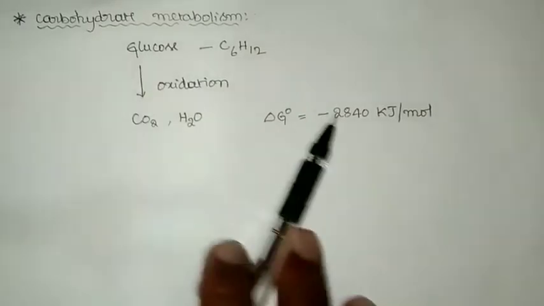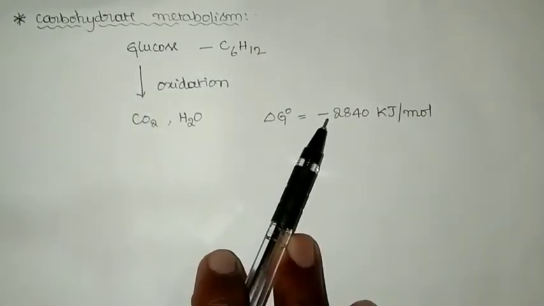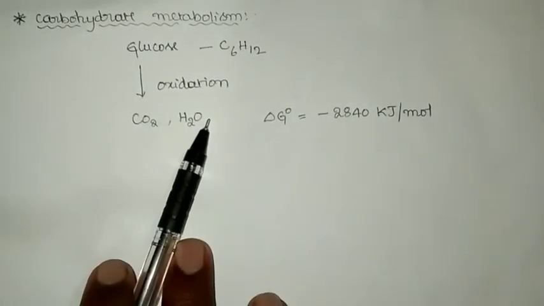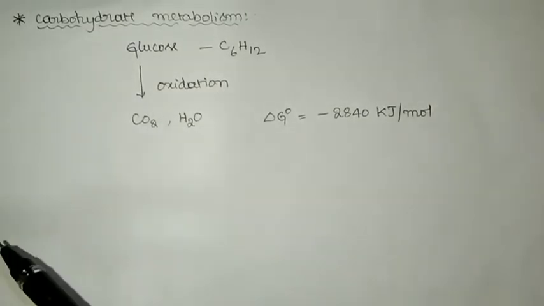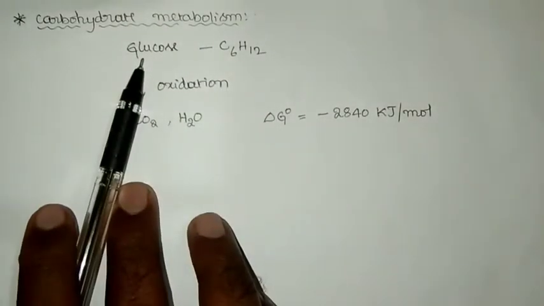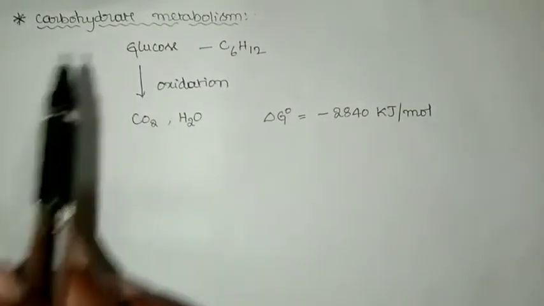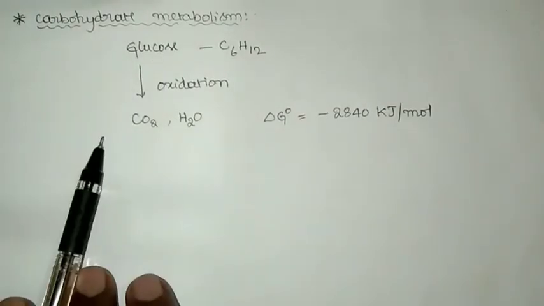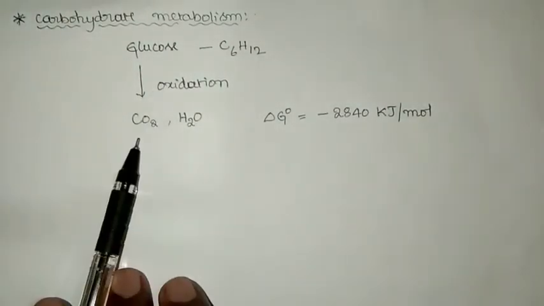The negative sign indicates the release of energy when glucose undergoes oxidation to produce carbon dioxide and water. Whatever food we consume, the carbohydrate we consume, finally breaks down to give glucose molecules, right? And the cells will store large quantities of glucose as a high molecular weight polymer.